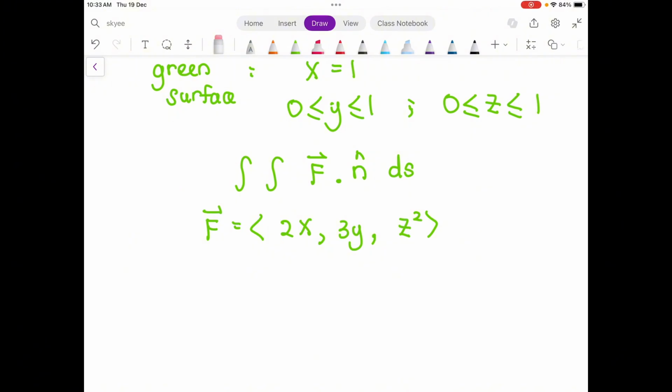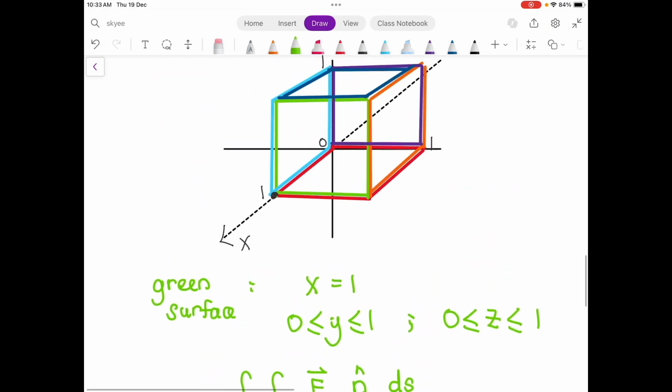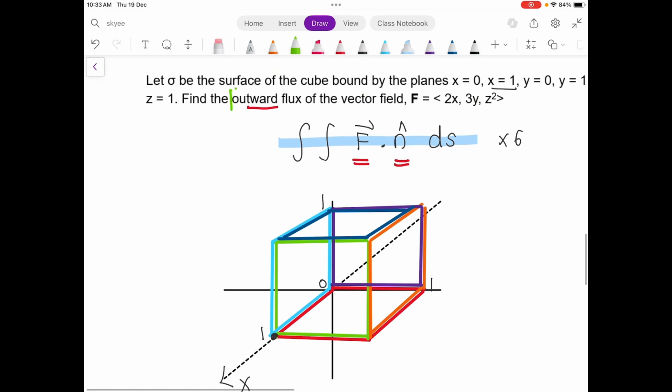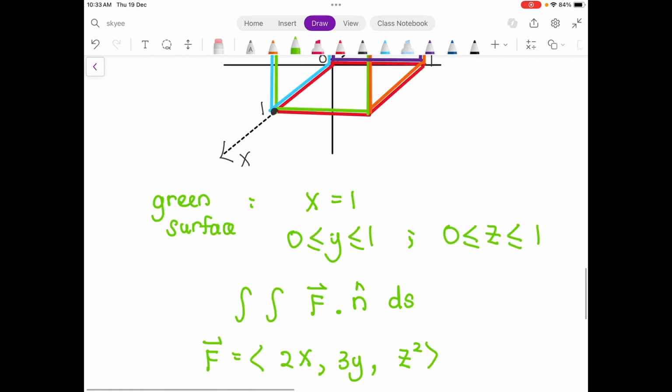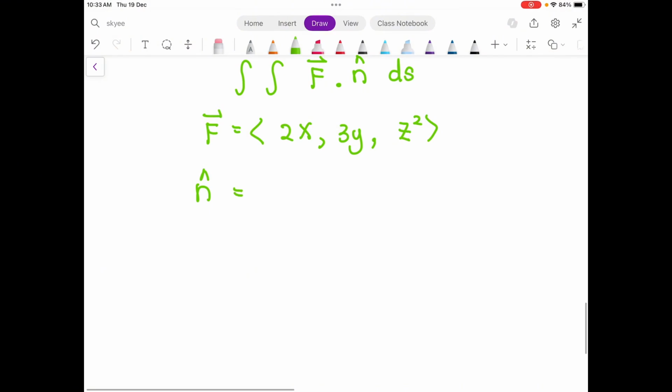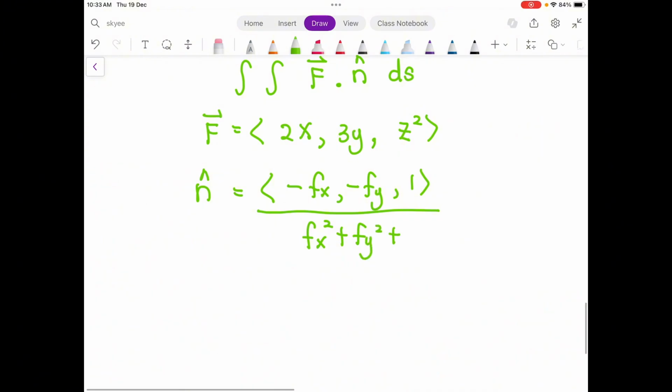Now let's find the unit vector n. Since the flux is outward, we will be using the outward function, which is negative fx, negative fy, 1, over the square root of fx squared plus fy squared plus 1.